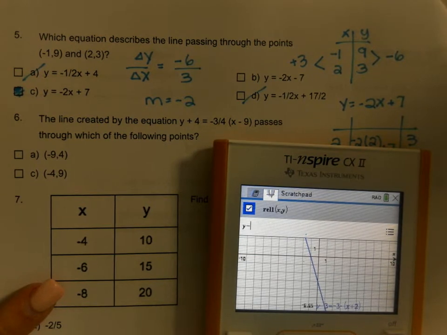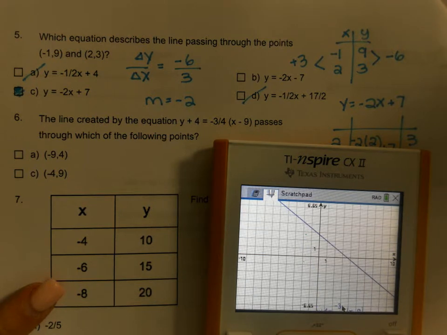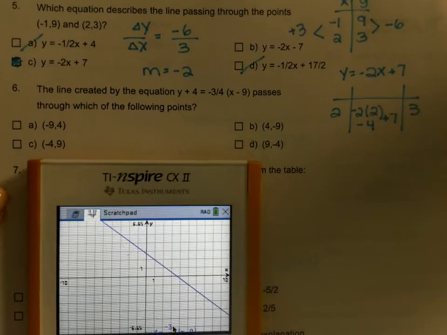And I am going to type in y plus 4 equals negative 3 divided by 4 parentheses x minus 9. Enter.